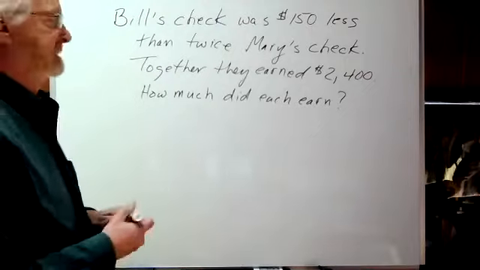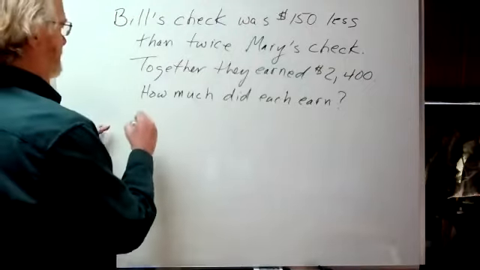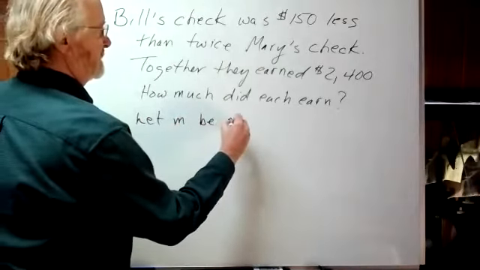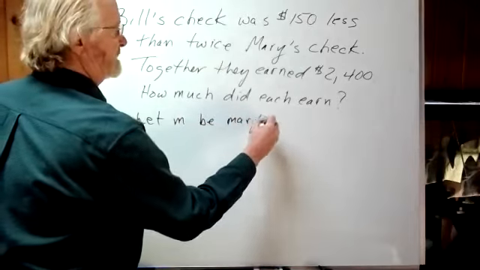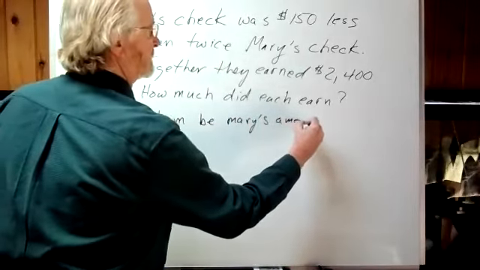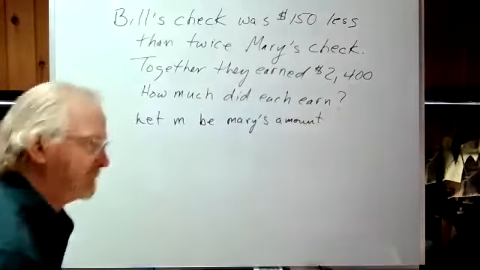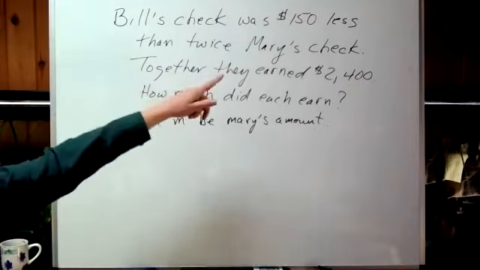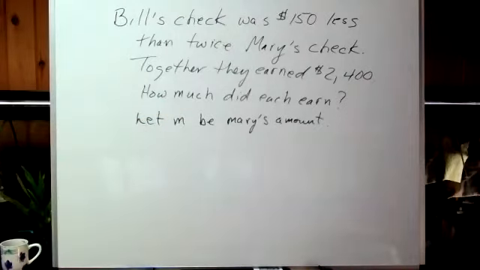So you might say, let M be Mary's amount. Now I have to write something that describes Bill's amount. Then eventually it says together, so you're going to add them together to solve.